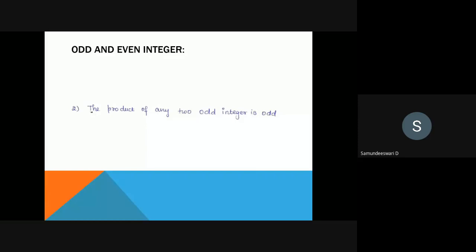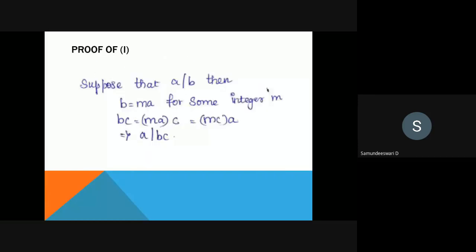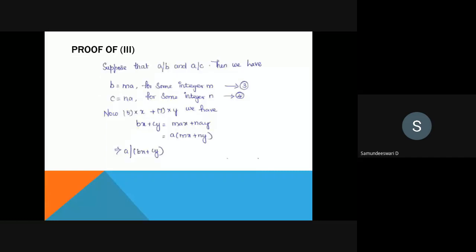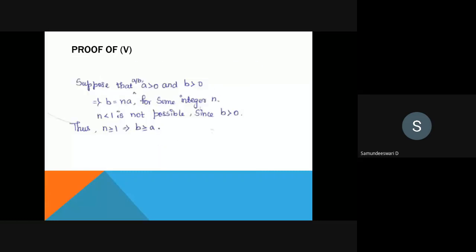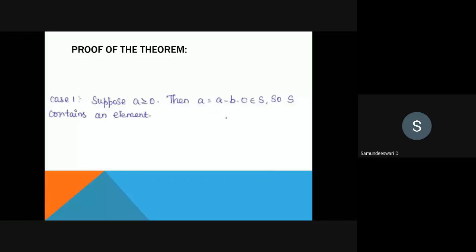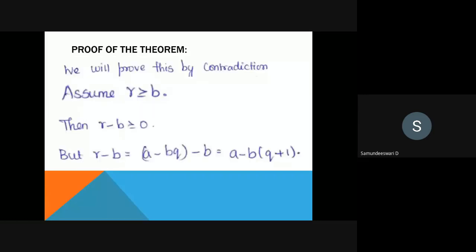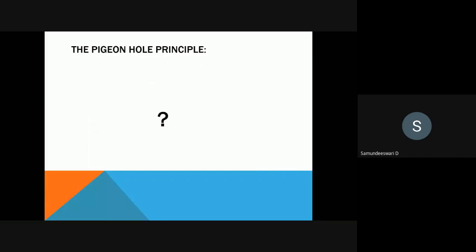Okay, after that we saw some problems in the pigeonhole principle, and after that I started the principle of inclusion and exclusion. Then we did one problem in the principle of inclusion and exclusion. What do you mean by the pigeonhole principle?